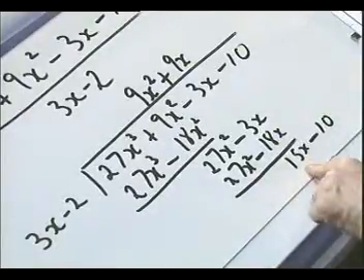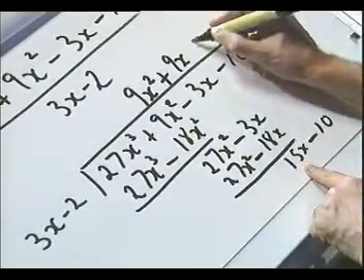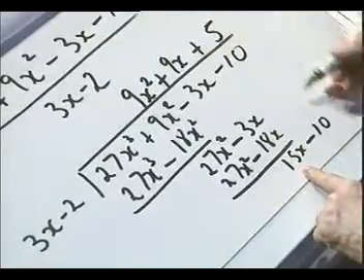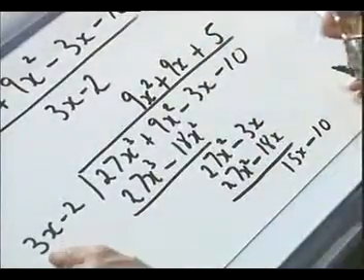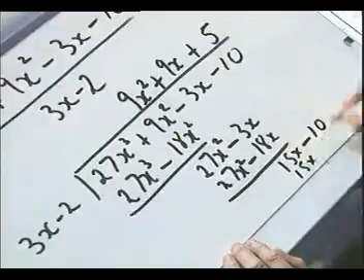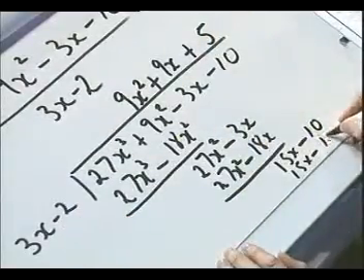3x into 15x. This time it goes 5 times. So we can say plus 5 there. And again, it's in the constants column at the end. 5 times 3x gives us 15x. Write it down there. 5 times minus 2 gives us minus 10.